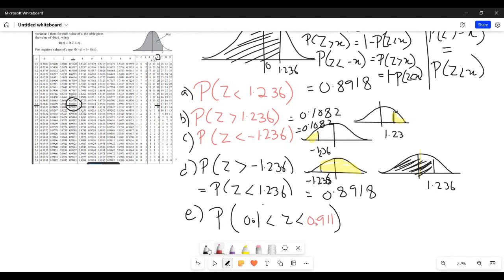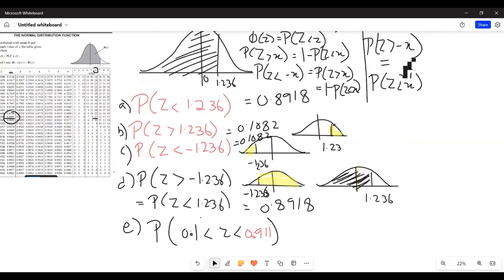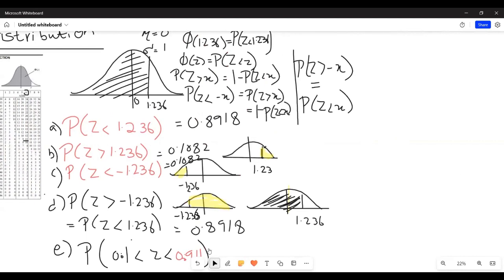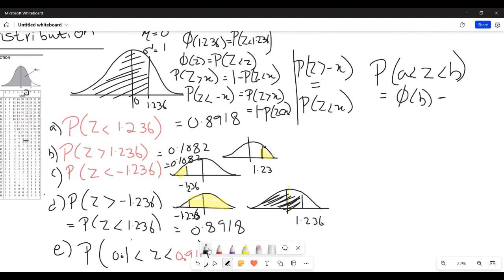Okay, so in such a case, I'm writing the general formula over here. If you have probability z is between A and B, then it's equal to phi B minus phi A. That means probability z is less than B minus probability z is less than A.